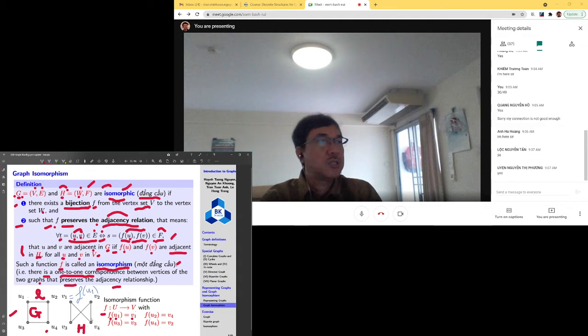And how about V2 here? You see V2? And V2 here is defined to be the image of U4. So you see the image of the last node in the first graph. Because it is a bijection, that means the mapping F gives the 4 nodes on the left to the 4 nodes on the right, you see. And how about the image of U2? We define here, okay, the image of U2 equals V4.